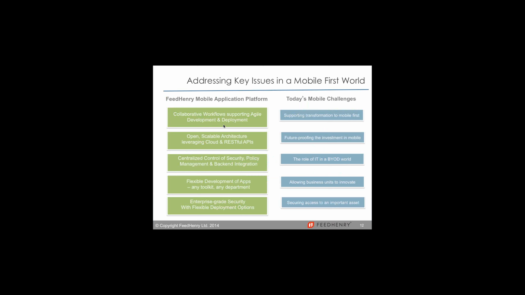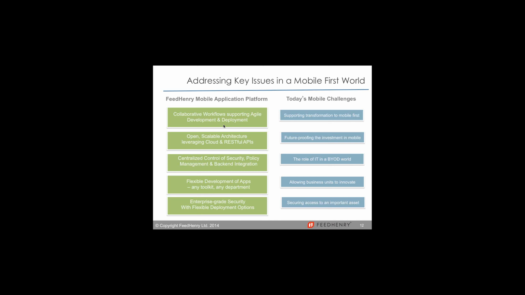And really talking about addressing the key issues in this sort of mobile-first world, the types of things I'll be talking about as I go through a demo in a few minutes are things like the collaborative workflows, giving you agility, allowing multiple teams to work together, all built on open technologies, open scalable architecture, all focused on RESTful APIs, and obviously all focused on cloud, the entire back end being cloud.